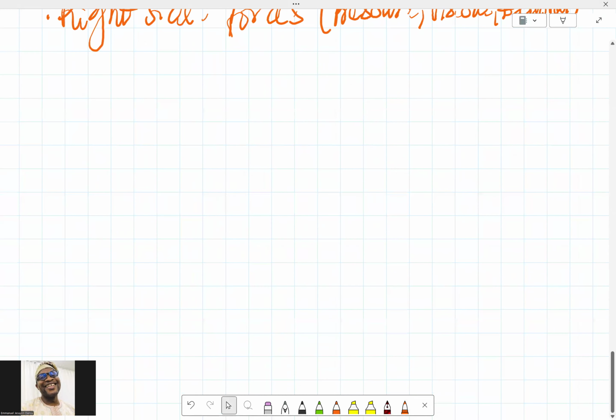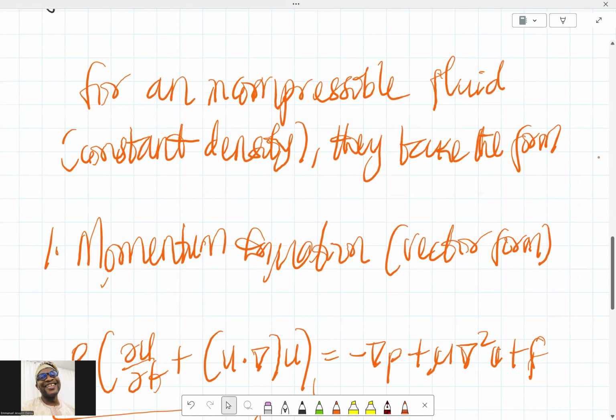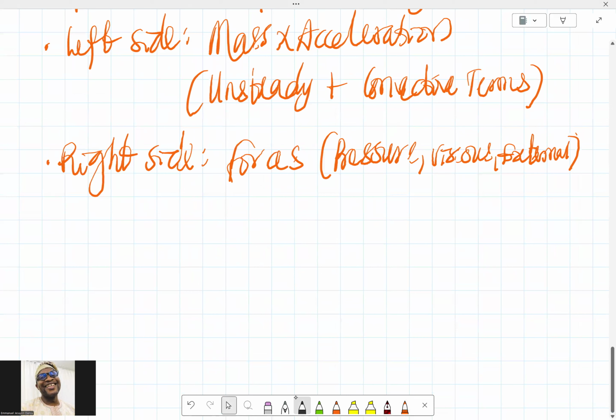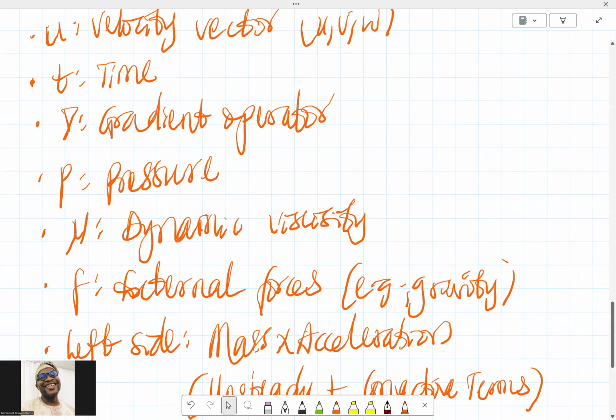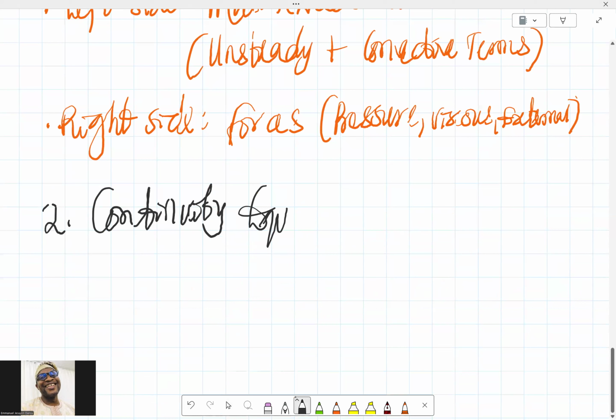Okay, so that's one of the equations, the momentum equation. Then we go for the second one, which is the continuity equation. We said the Navier-Stokes equations are a set of equations, and the first part was the momentum equation. Next we have the continuity equation, which is mass conservation.